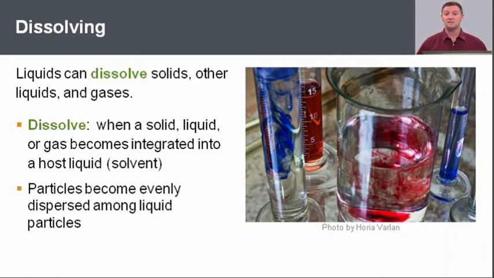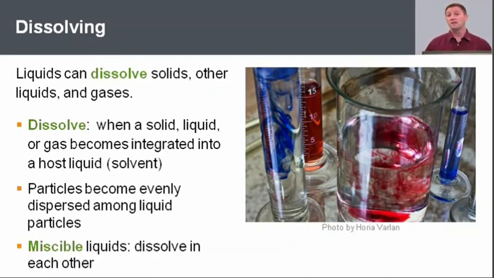And when a solid, liquid, or gas becomes integrated into that host liquid, it's said to be dissolved. The particles will eventually become dispersed among the liquid particles as they break up and move from high concentration to low concentration and eventually become part of that liquid. So liquids can dissolve not only particles, but also other liquids and gases.